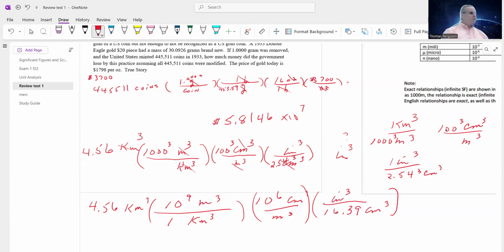Now, again, for those of you who are proficient at calculators, you can do this all in one line. You don't have to do the intermediate step. I think it's clearer, in my opinion, to do the intermediate step.